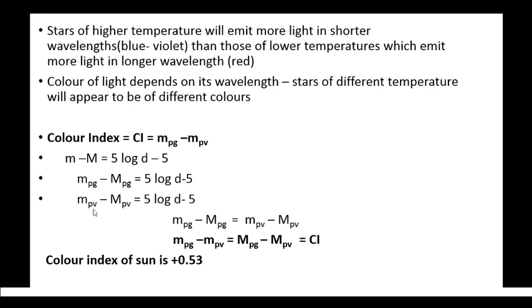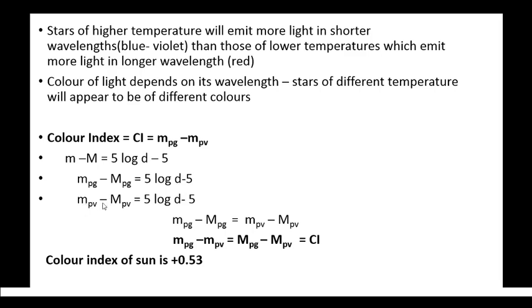See, in the last class we had derived the equation m minus M is equal to 5 log d minus 5, where d is the distance modulus. So you can write this equation for both the photographic method as well as the photovisual method. So mPG minus MPG will be 5 log d minus 5. See, the star is the same, so the distance to the star is the same.